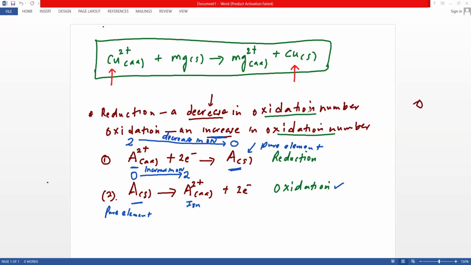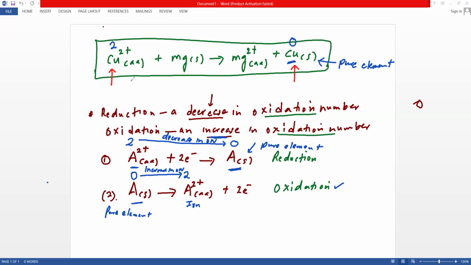If you look at the oxidation number of copper, this is an ion, so we know the oxidation number of an ion is the ion charge itself. So this is 2. But now we look at this. This is just a pure element, and the oxidation number of a pure element is 0.